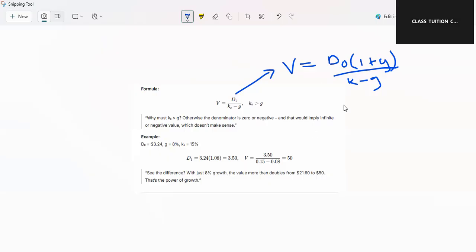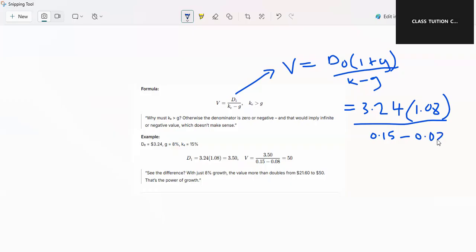So value of stock is D0, which is what? 3.24, times 1 plus growth, our growth is 8%, so 1.08, over K minus G, our K is 15%, so 0.15 minus the 8%, which is 0.08. So when you calculate this, you calculate the value of stock to be $50.